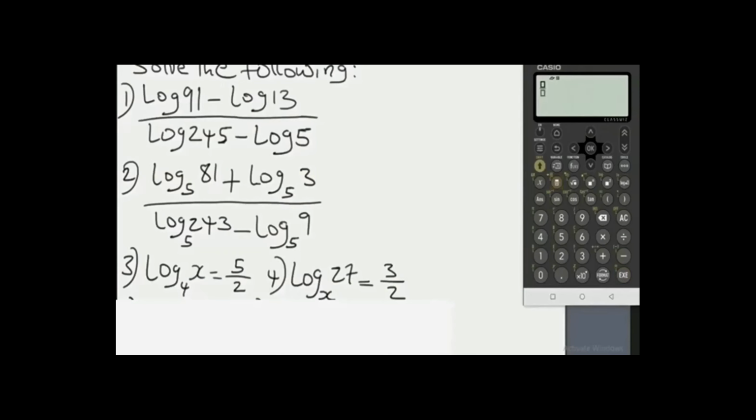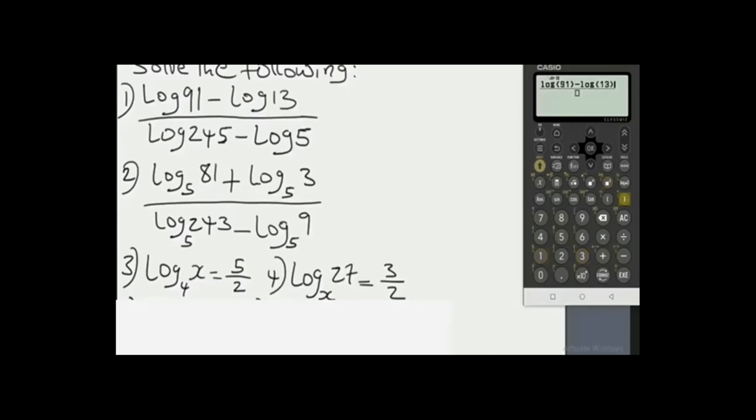So when you get here, you make use of this log function here. So you press shift and this button to come out. We have log 91. By default, what we have there is log to the base 10. Alright, log 91 minus log, shift and this button, log 13.